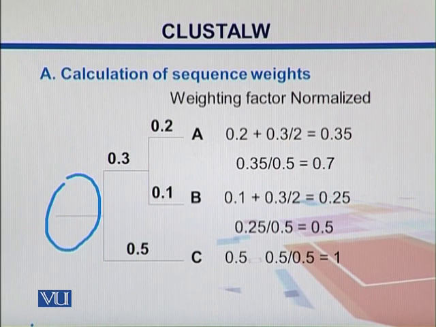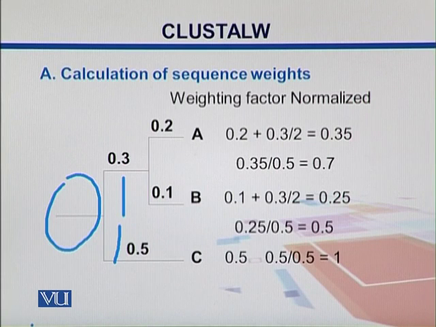So we take those scores. For A we have 0.2, and since it is sharing the node with the branch coming from 0.3, we have equal weightage for all of the sequences. So this 0.3 divided by 2 is equal to 0.15, and then this 0.35, since it's coming from here, we are getting 0.5 towards top, 0.5 towards bottom, so it's divided by 0.5, and in this way the overall weight for this particular sequence A is 0.7.